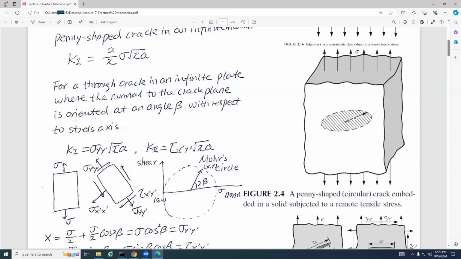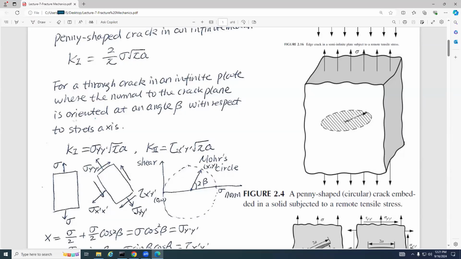For 2D problems, whenever we have this problem, suppose the sigma does not go vertically but goes in this direction. What we should do on this crack face is the stress transformation. Our goal is to get the stress in the vertical direction about this surface, and also the tangential direction about this surface.